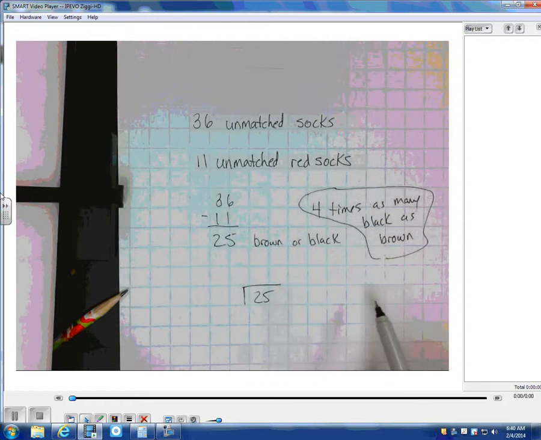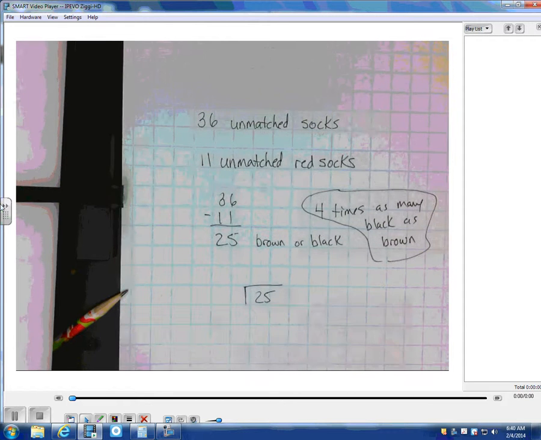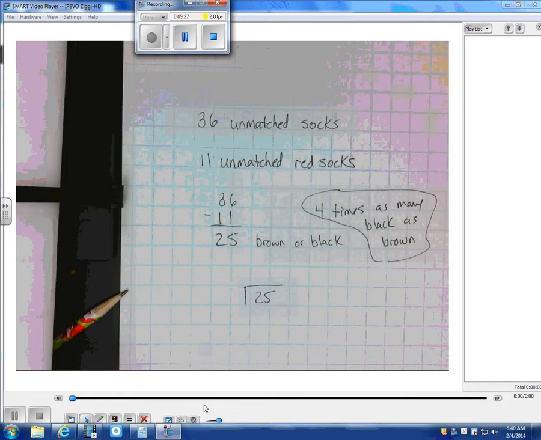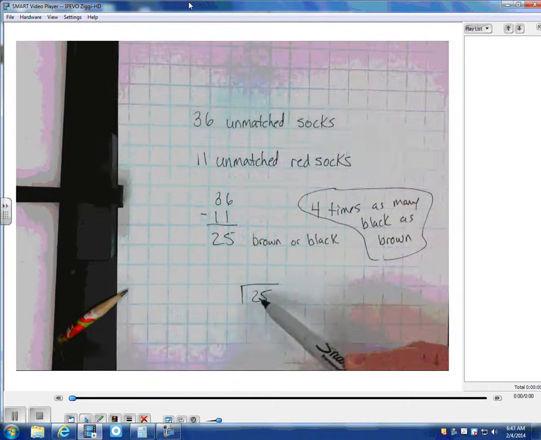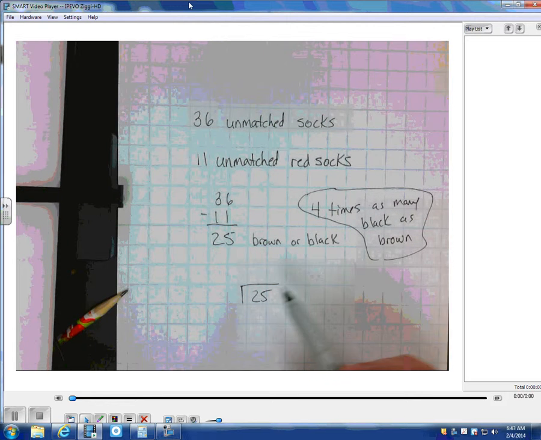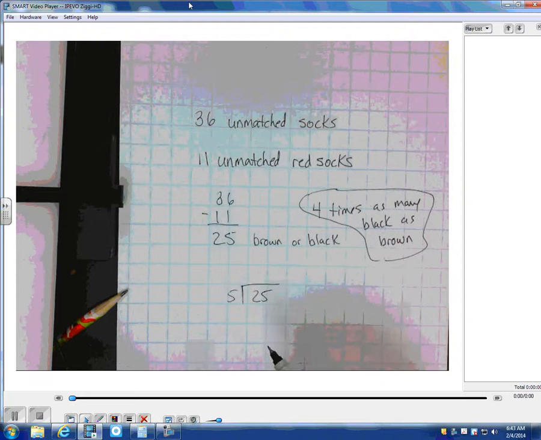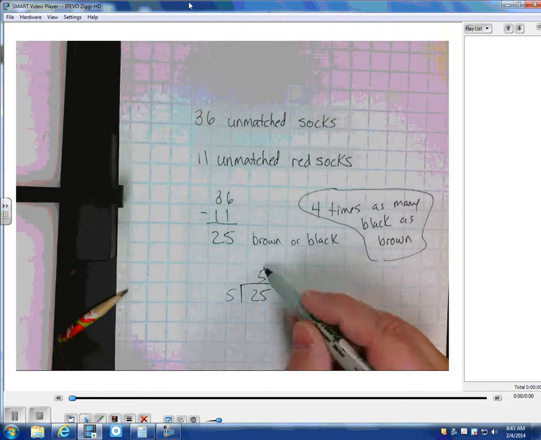So I have 25. I have 4 times as many black as brown. So I'm going to ask myself, how many times can 5 go into 25? Okay, so that gives me 5, because 5 times 5 is 25.